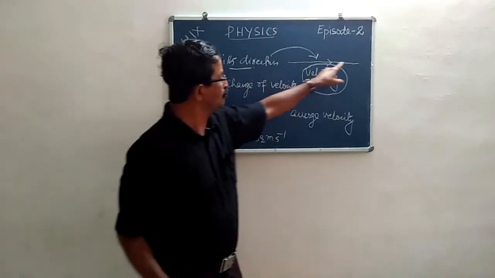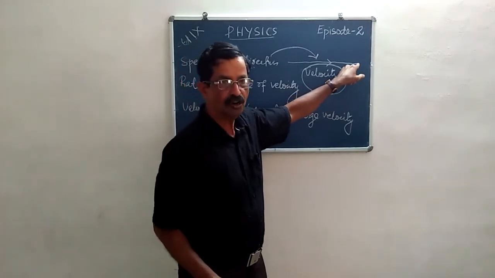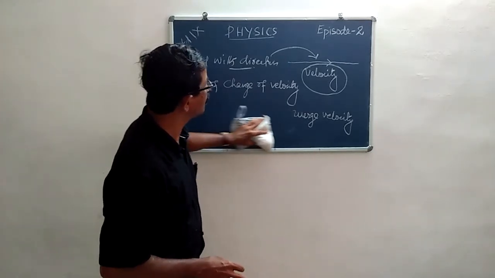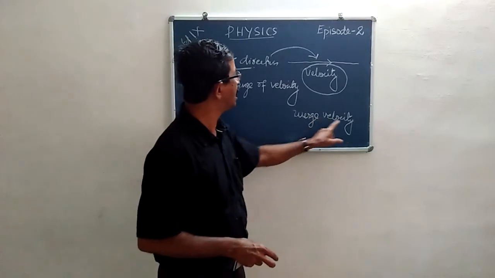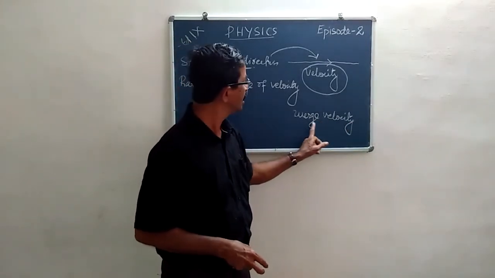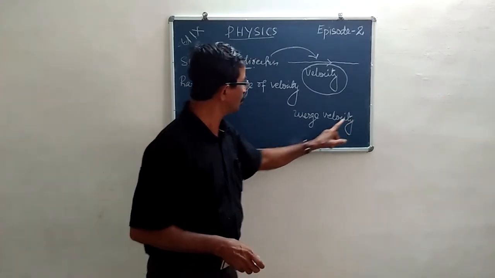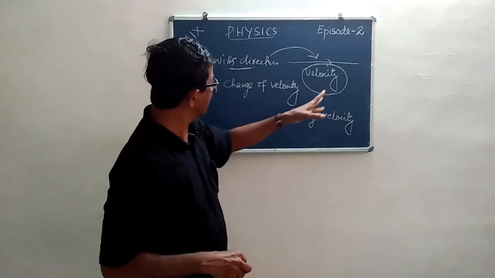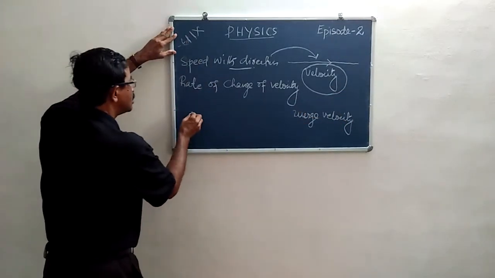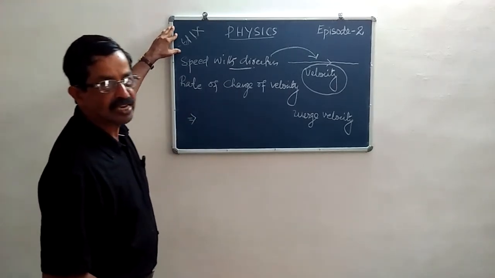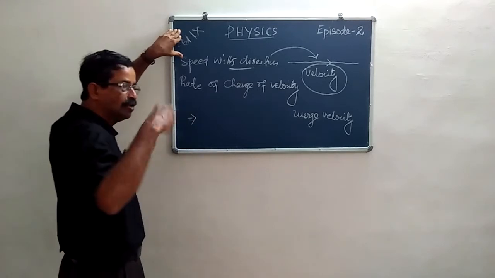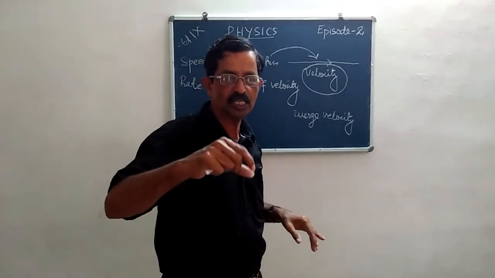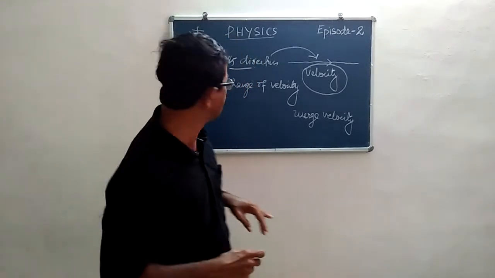Now, if the body is moving along a straight line with a non-uniform speed, then we consider average velocity. So average velocity equal to total displacement by time. We can also express this average velocity. Suppose it is moving with a non-uniform velocity, and the velocity is increasing gradually at the same rate.